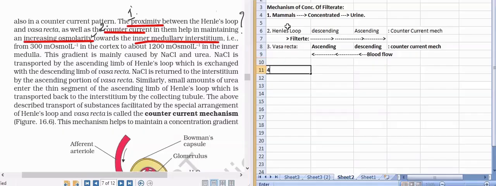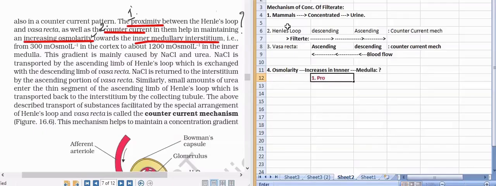Fourth point: what is making the osmolarity increase? Osmolarity increases in the inner medulla. How? The answer is between two: one is the proximity.